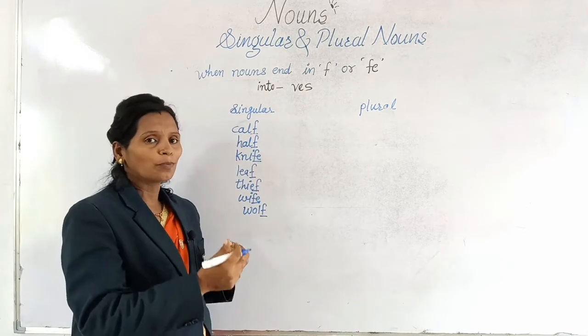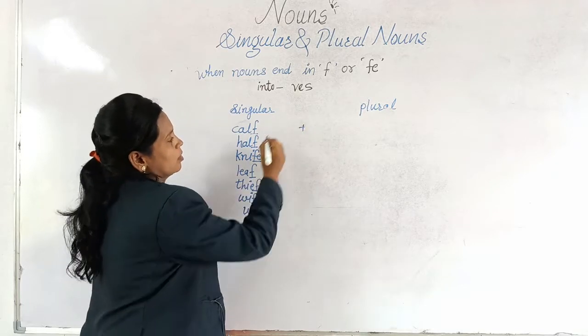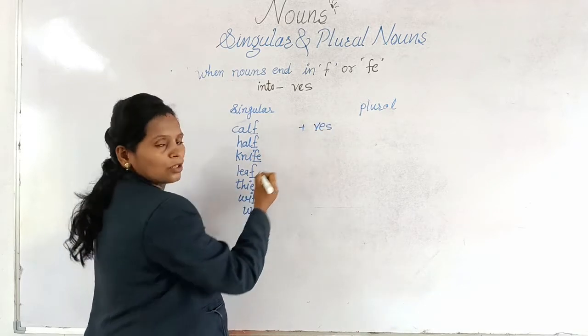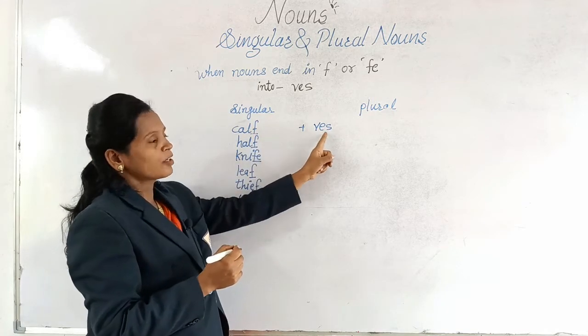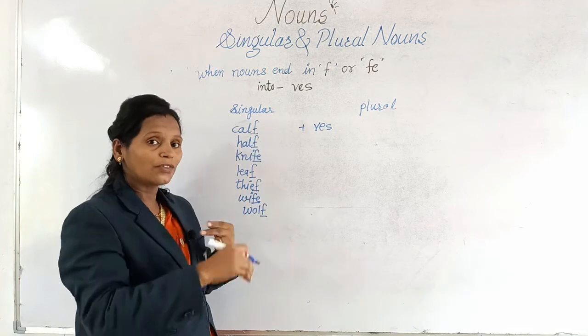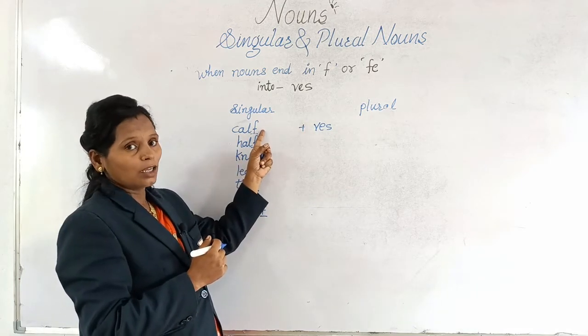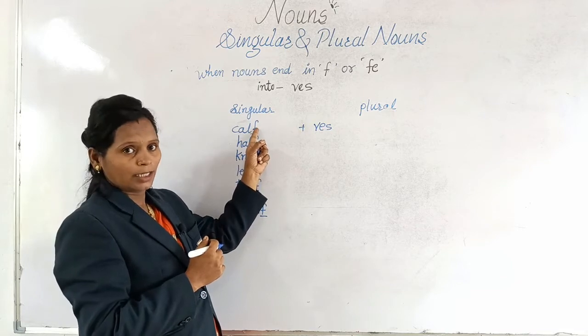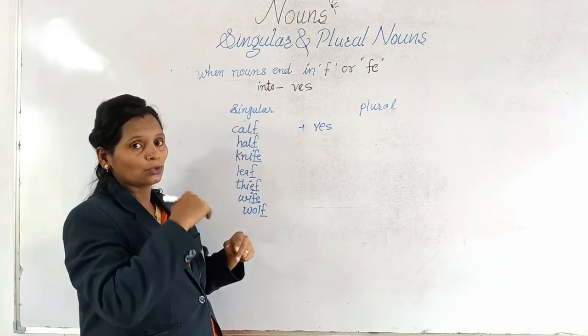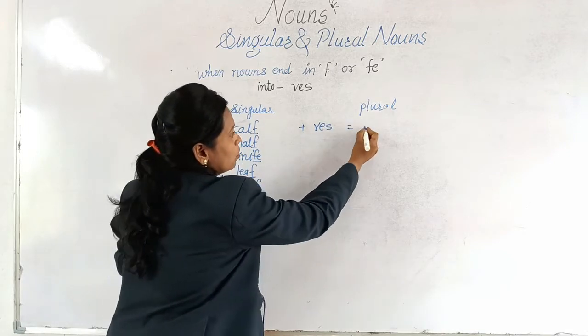Look at the board very carefully. We have to drop the F or FE letter at the end of the word and add VES. Cough plus S is equal to coughs.